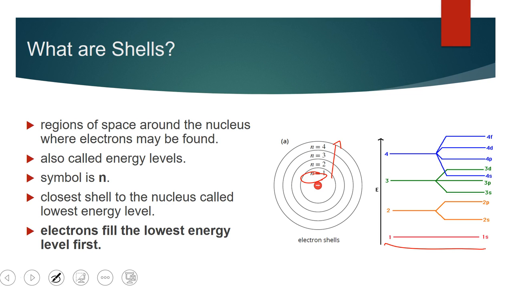As we move further away from the nucleus, they increase in energy, so we fill those last. If we're plotting E on the y-axis, our energy levels will increase as we go up from 1, 2, 3, and 4. These ones over here are our sub-energy levels, our subshells, which we'll come to talk about shortly.